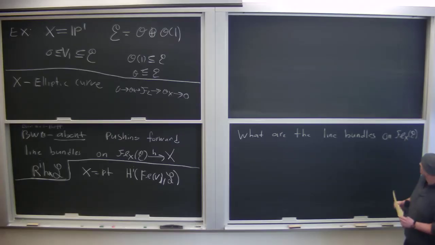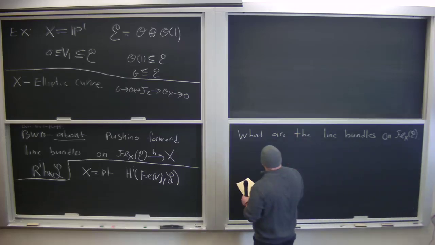Okay, perfect. So what are the vector bundles on here? Or the line bundles on here.